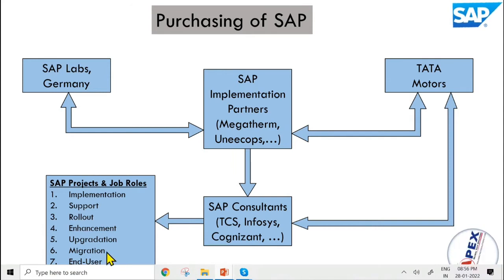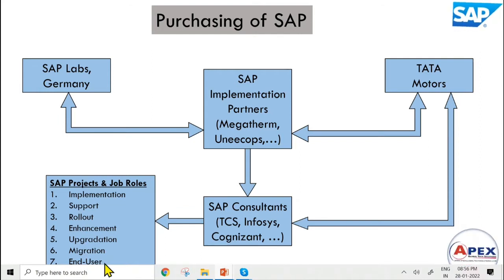If Tata Motors wants to change from SAP ECC to S4 HANA, the company will get a migration project and you need to do it. For migration and all, you need to have 4+ years of experience.